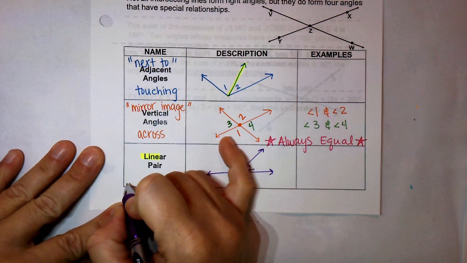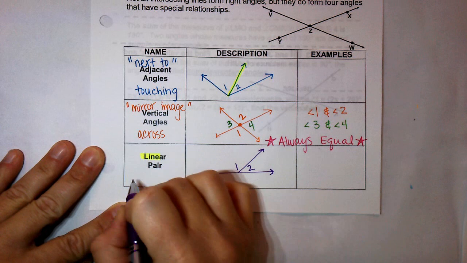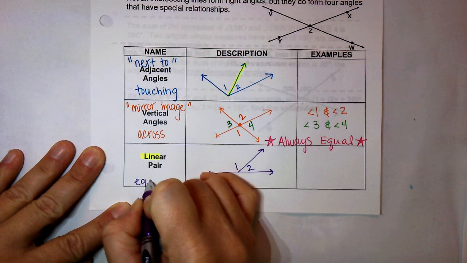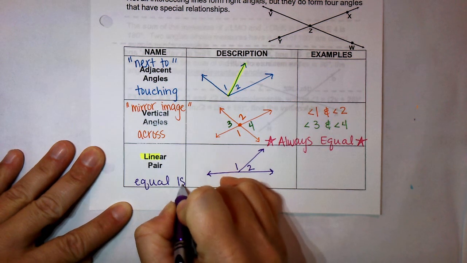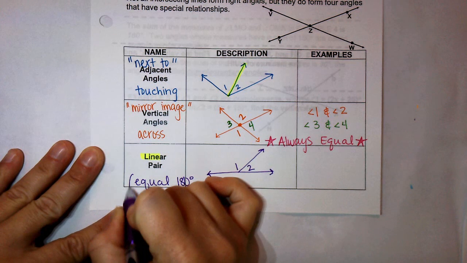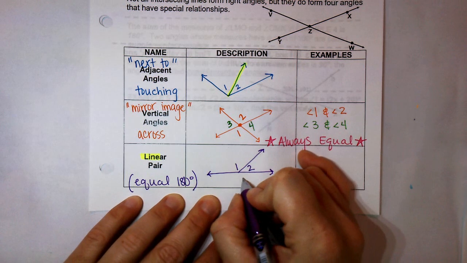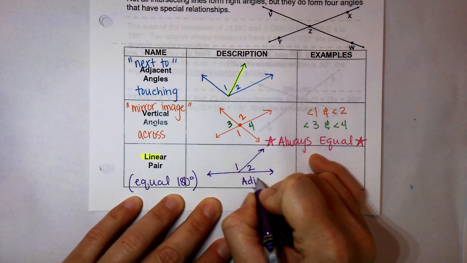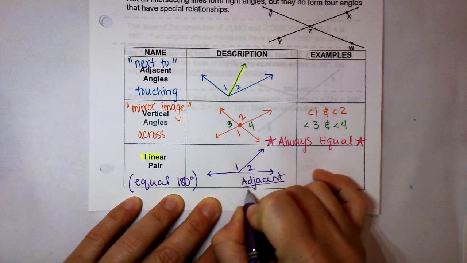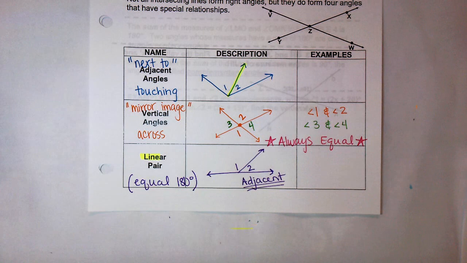So, linear pair means they are going to equal 180. They also have to be adjacent. So they have to be adjacent and they have to equal 180. That is linear pair.